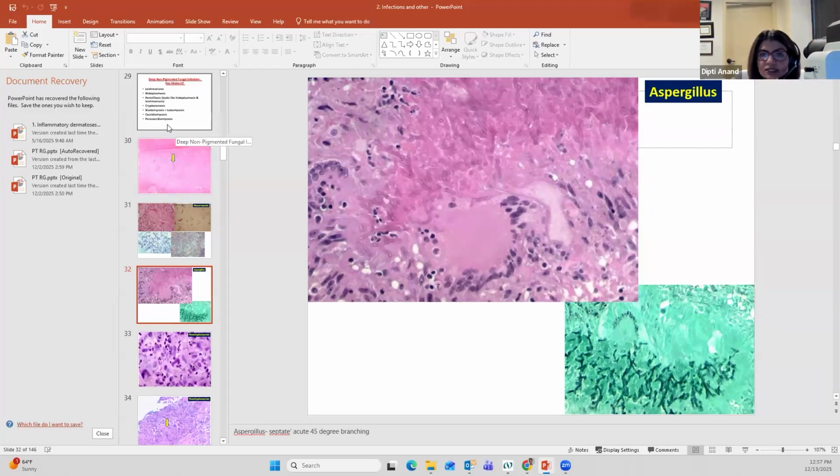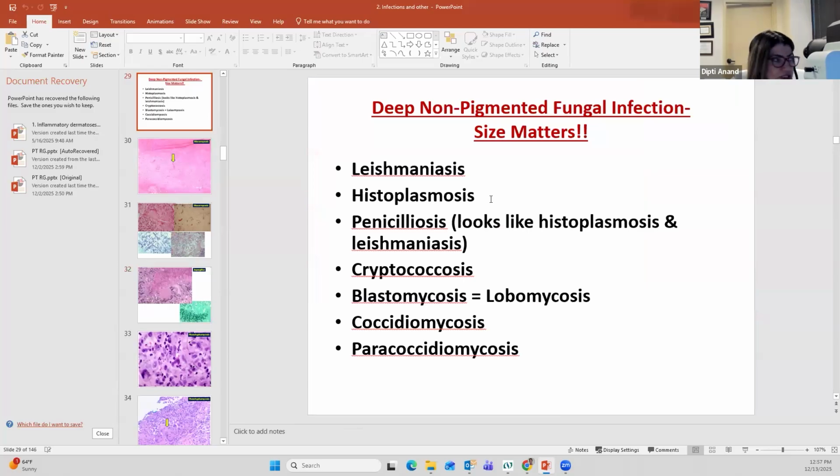Okay, so now let's go into your deep fungal infections where you're predominantly going to see spores. And in this case, size matters. So this is how you're going to memorize it, in increasing order. The smallest ones are Leishmania, histoplasmosis, and penicilliosis. All these three are of the same size, and penicilliosis looks exactly like histoplasmosis.